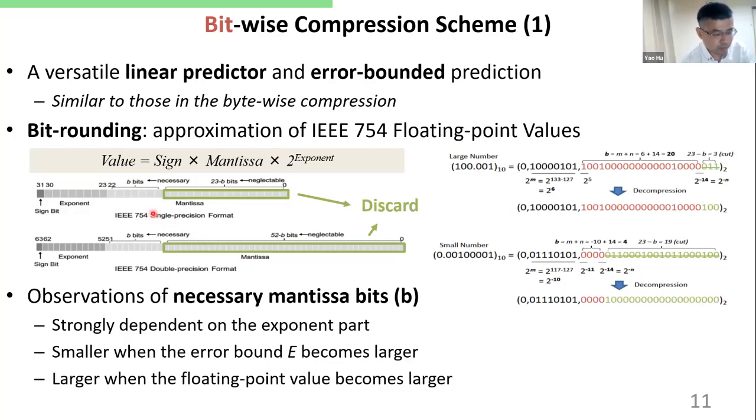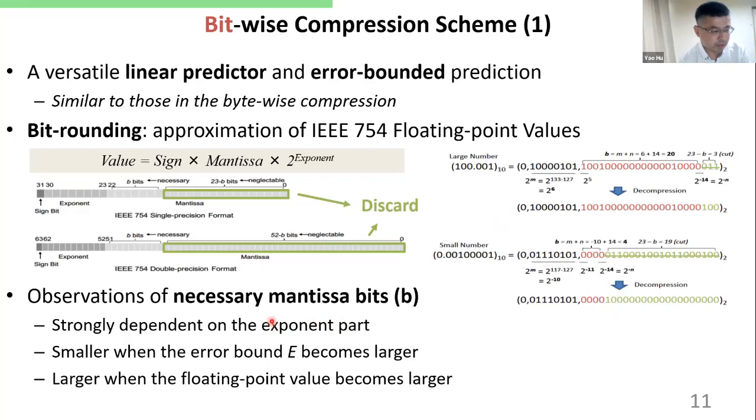Here we use B to stand for the number of necessary mantissa bits. Compared to a large number, a small number usually has a smaller B. So we prefer compressing the small number rather than the large number, because in this case a large number of bits can be discarded for a high compression ratio.